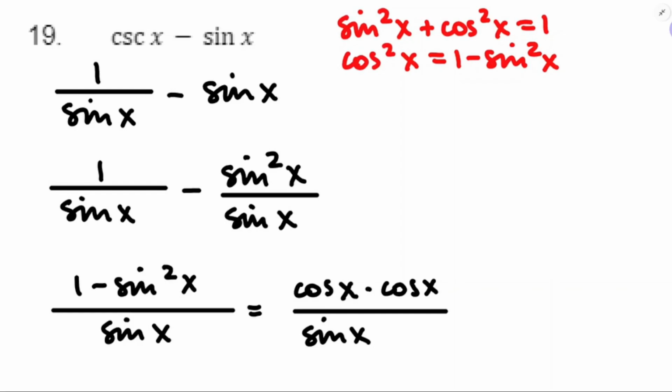If I want to write this as a product of 2 trigonometric functions, I'm just going to block off these first 2, each raised to the power 1. Cosine over sine is cotangent x, and then I've got a cosine x attached to it. And that's what they were looking for.